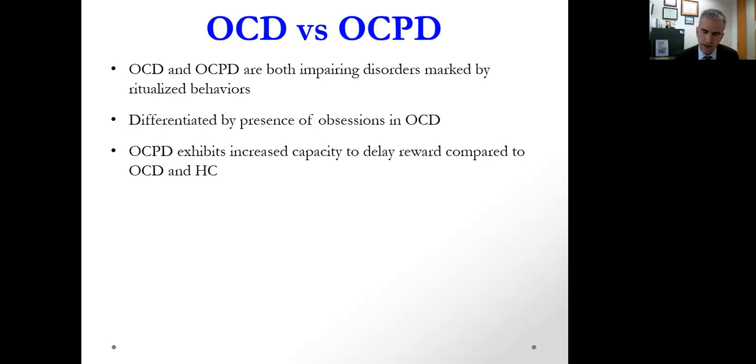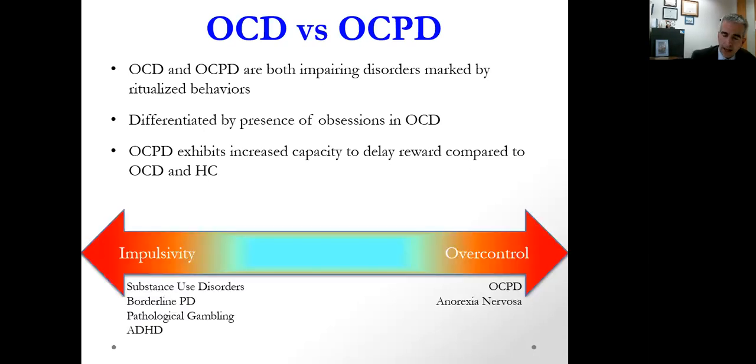This got me thinking that maybe there's a continuum of self-control, where on one end there may be conditions that are more marked by impulsivity, like substance use disorders, borderline personality disorder, pathological gambling, ADHD. And on the other end, there may be conditions of over-control, like OCPD, as well as anorexia nervosa. This is something that needs to be looked at more, because it may be helpful in learning more about the brain mechanisms that underlie OCPD and over-control.